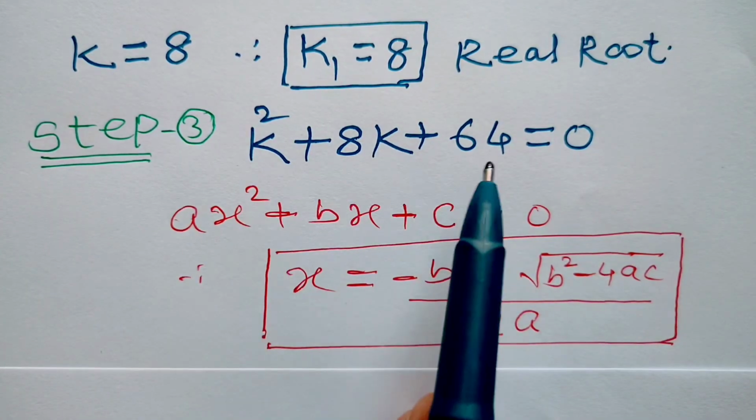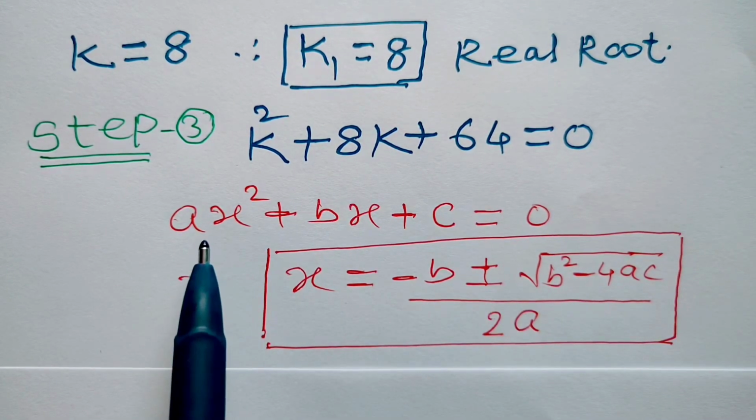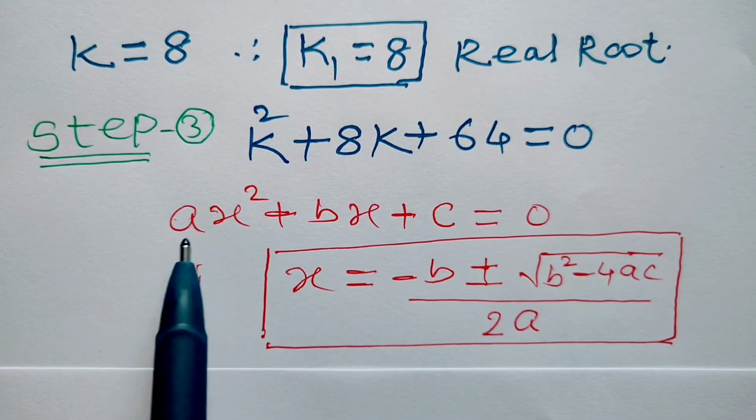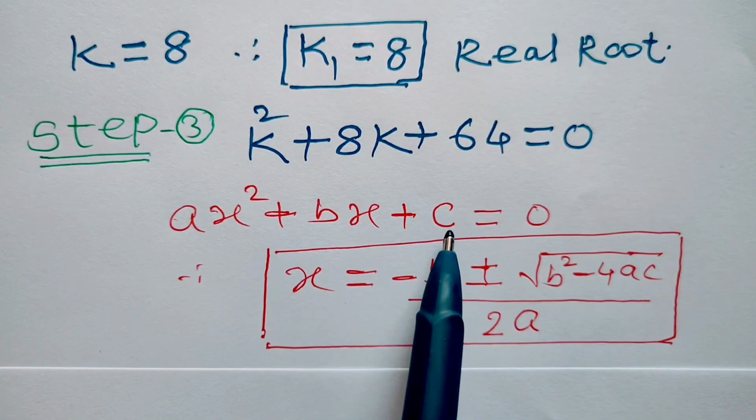We have to solve this quadratic equation applying this formula. This is a quadratic equation in terms of variable x. a is coefficient of x square, b is coefficient of x, and c is constant term.